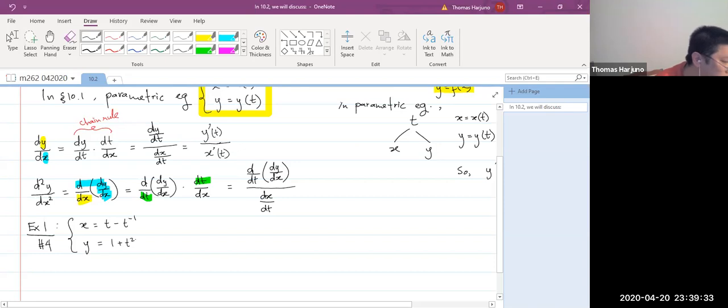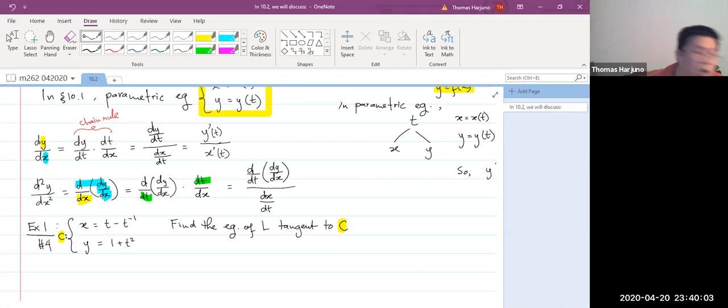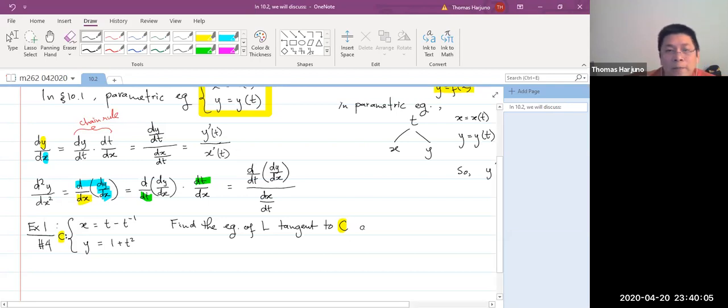Now we want to find the equation of the line tangent to the curve. We usually say this is curve C here. Curve C, at t equals 1.